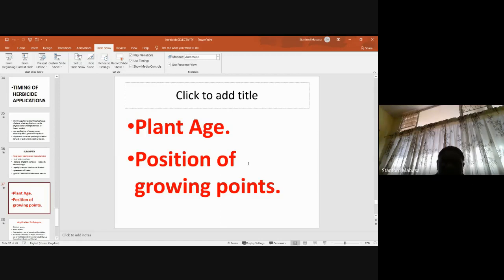If you have exposed growing points like those in the broad-leaved plants, they can easily be accessed by herbicides. Therefore, such plants can die. Whereas in grasses, where growing points are hidden, herbicide accessibility is almost impossible. And therefore, those plants will survive herbicide sprays.